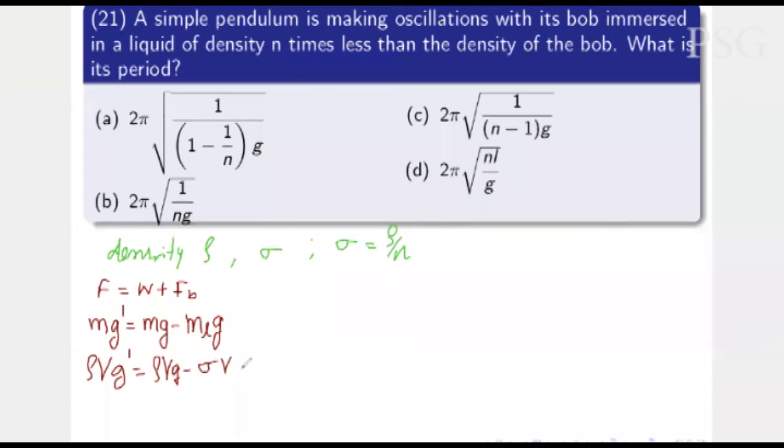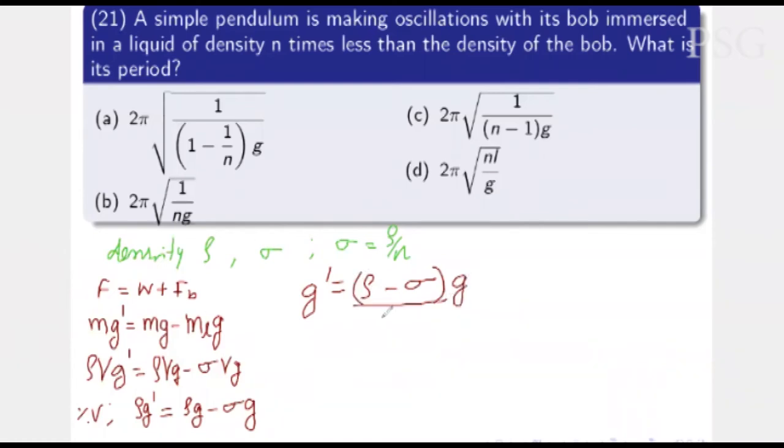So I am using the same V here, into g. What is common throughout? Divide by V. So we can write rho g prime equals rho g minus sigma g. Further, you can write g prime as rho minus sigma, g is common, divided by rho. I am taking this rho to the denominator from left to right side.